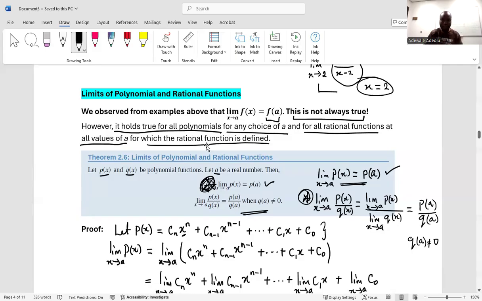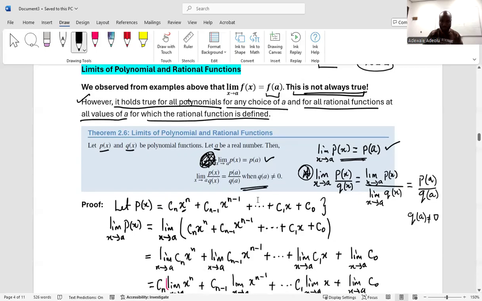And we use it. But we said that it is only true for polynomials. First, we say it is not always true, and that is the situation we just realized now. We said it is always true for polynomials, and we use that. We said it is always true for rational functions if that a is in the domain of that rational function.